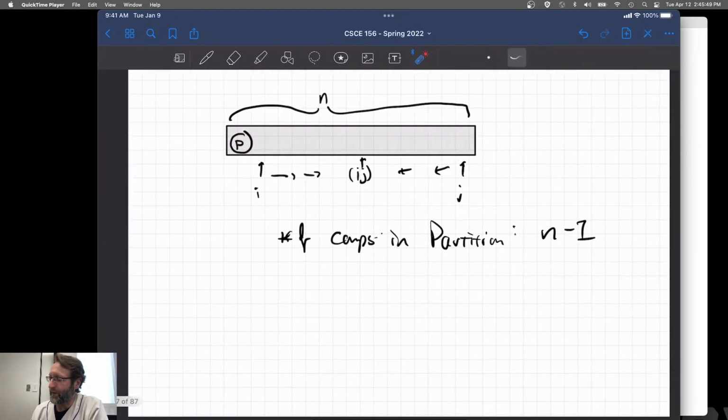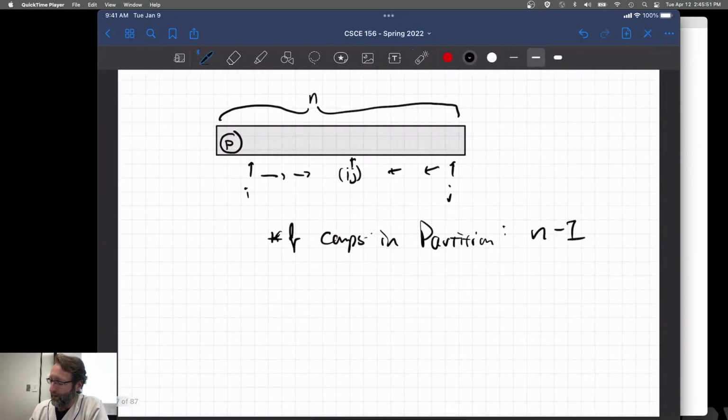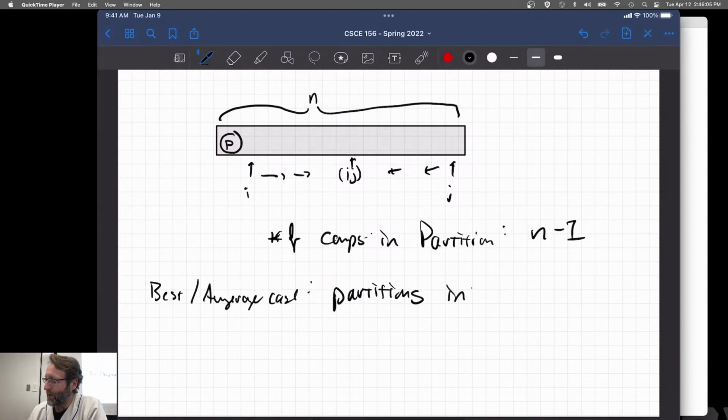Let's make some assumptions. So, best case, best/average case, average case. Your partitioning partitions into two roughly equal subarrays, I should say.